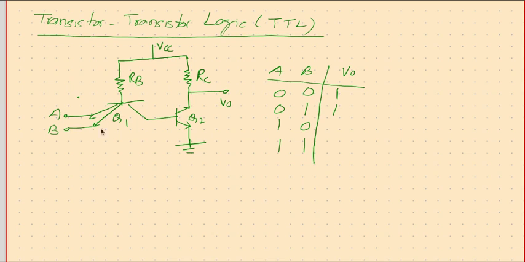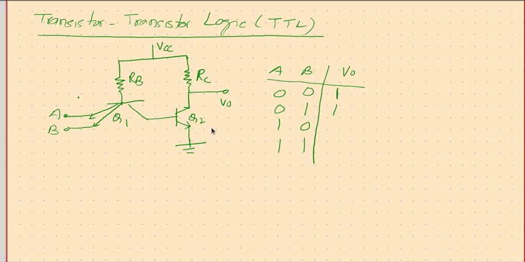B is 1, so that means this is going to make this base emitter junction reverse biased, but it doesn't make any difference because the base emitter junction of A was forward biased, and hence this transistor Q1 was in saturation, so Q2 gets into cutoff.